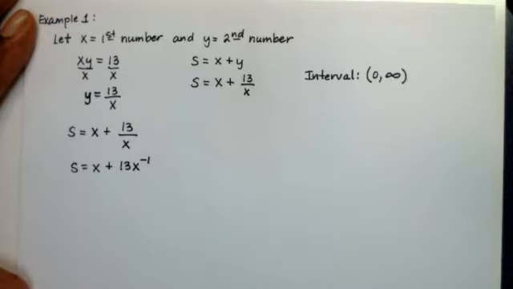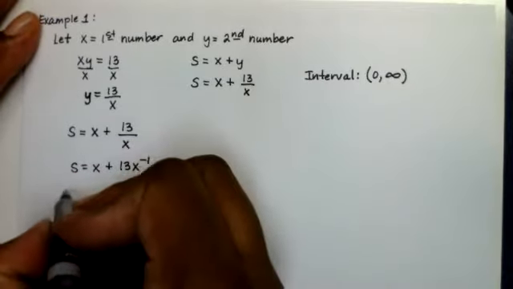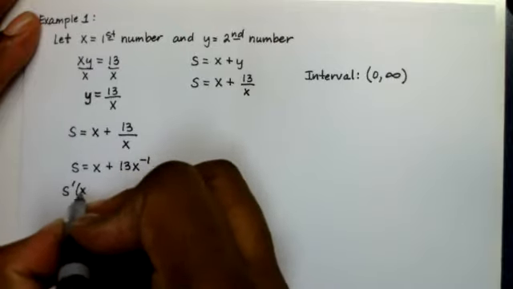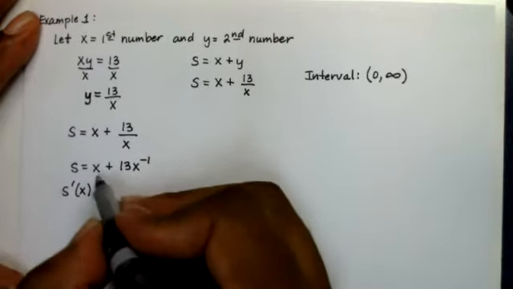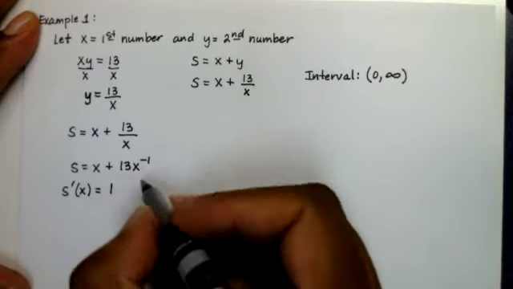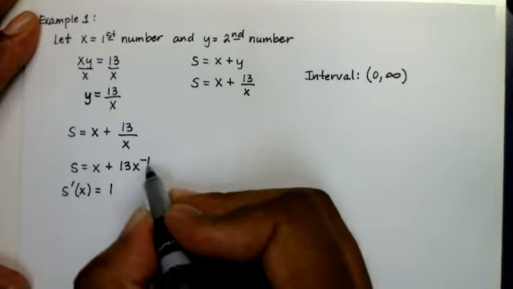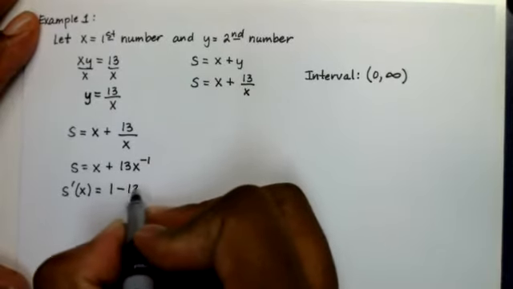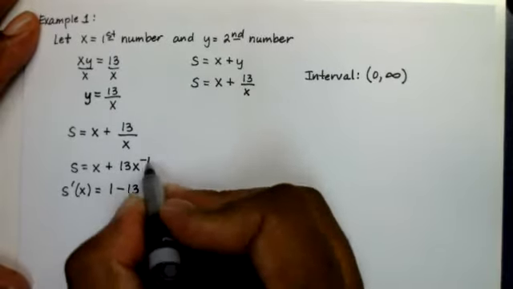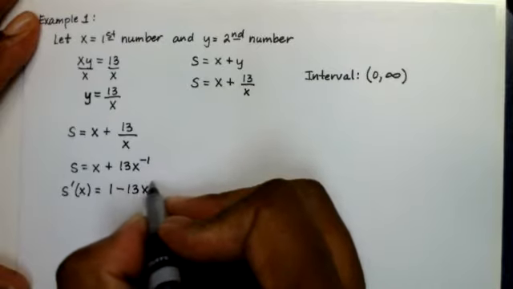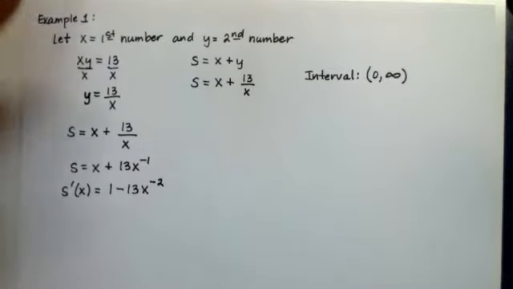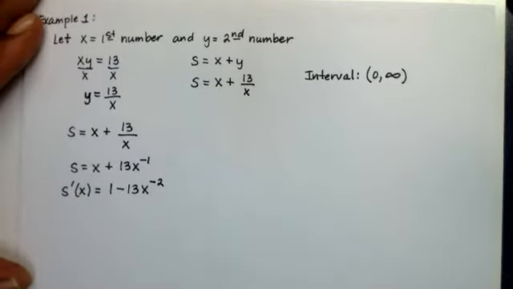Then I'm going to take the derivative of this. Well, this is in terms of X, so I'll say S prime of X. The derivative of X will be 1. Now for 13X to the negative 1, if I bring the negative down, multiply by 13, I'll get minus 13, X to the 1 less power. Negative 1 minus 1 would be negative 2. Then I'm going to write 13X to the negative 2 with a positive exponent.